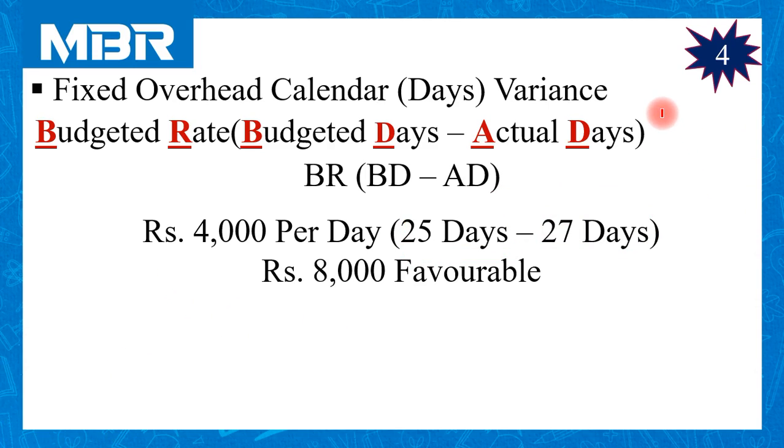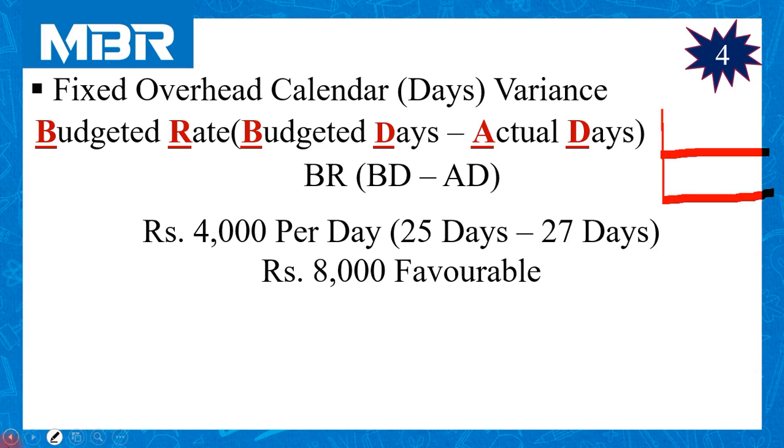I would like to inform you that we are discussing fixed overhead variances, and fixed overhead always remains the same. It means if your employees are working for 25 days or 27 days, it doesn't make any difference in the amount of their salary. As an employer, you are supposed to pay the same amount if they are working for either 25 days or 27 days, because this expenditure is based on time, right?